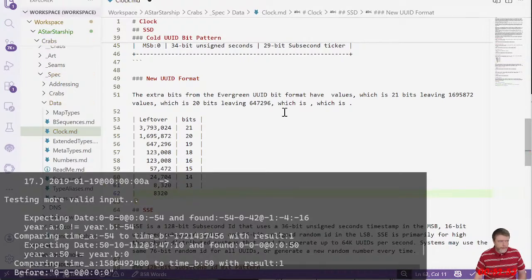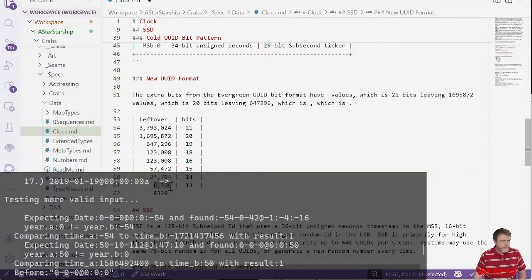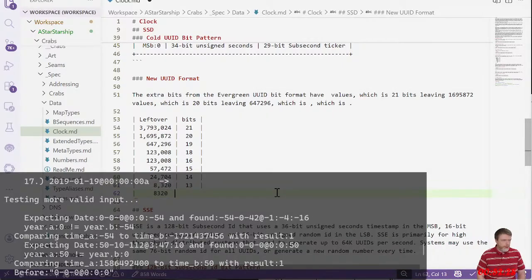Nope. This is minus 2 to the 13th, minus 2 to the 13th. Huh? What? 2 to the 13th? Oh, whoa. Really?